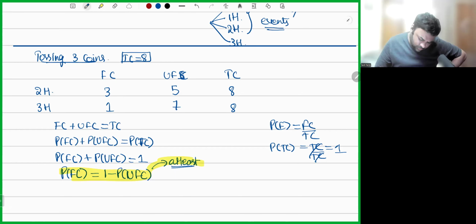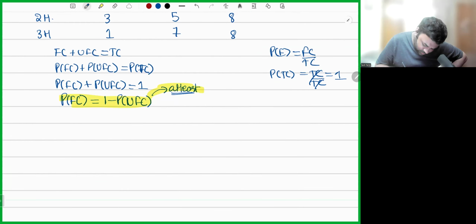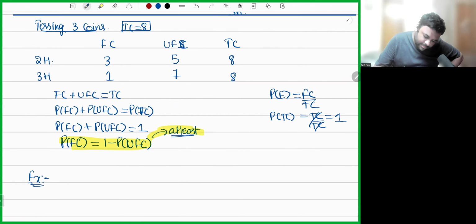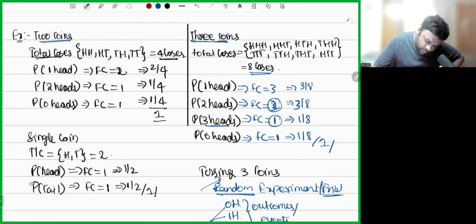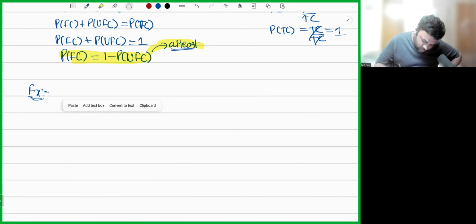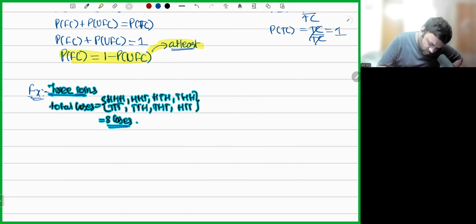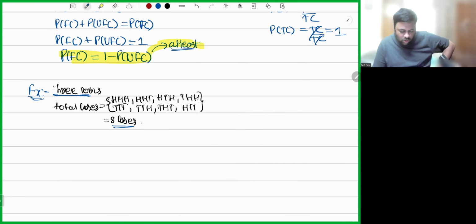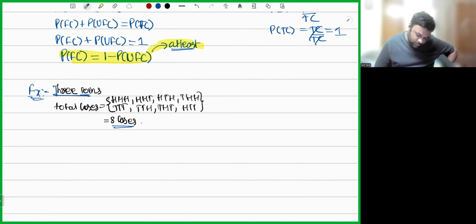I'll give a small example now. There are 3 coins which you are tossing. These are the 8 cases you got, my dear friends. Now, I'm asking what is the probability of 3 heads?